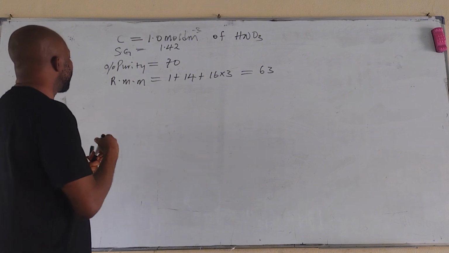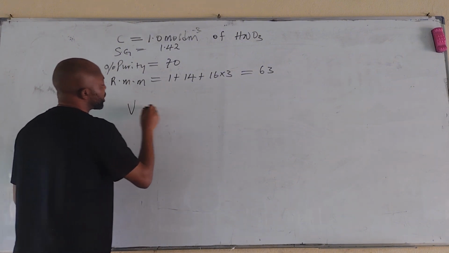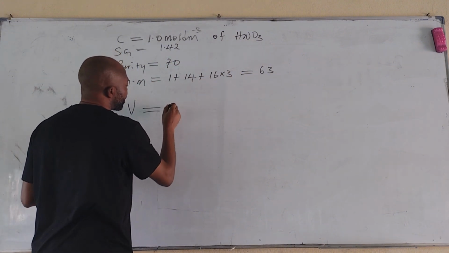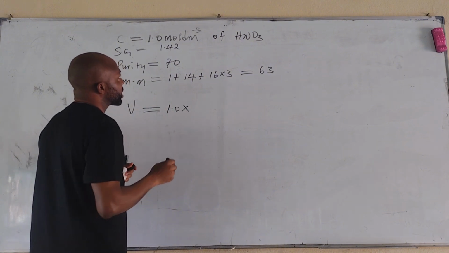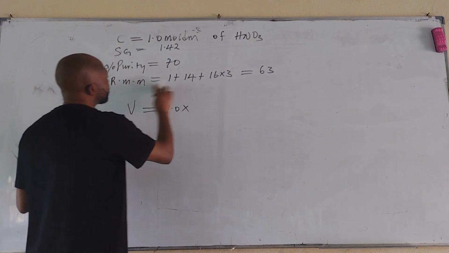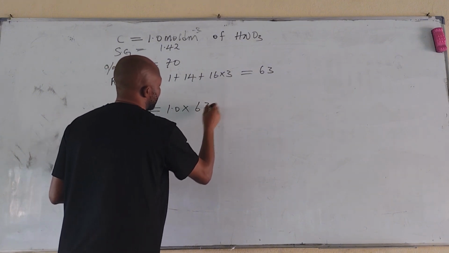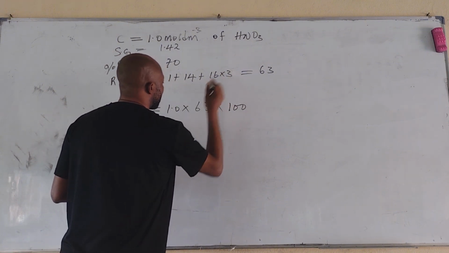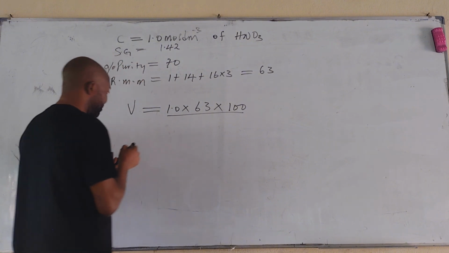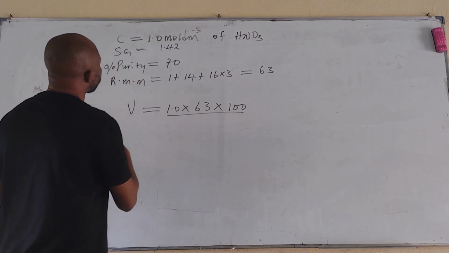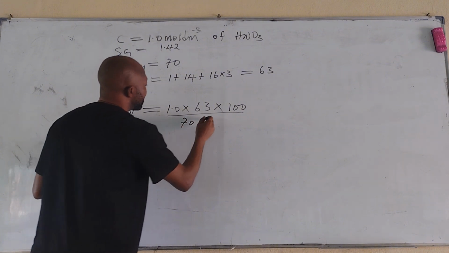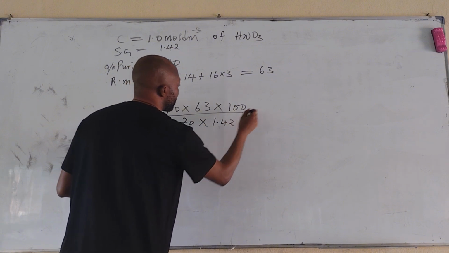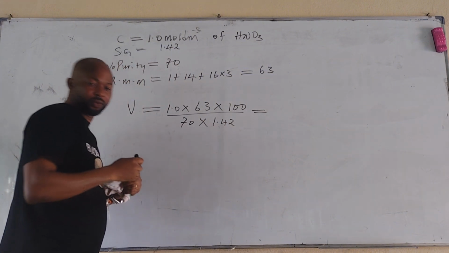Applying my formula, the volume concentration becomes the concentration of the acid, which is 1.0, times the relative molecular mass of the acid, which is 63, times 100, all over the percentage purity, 70, times the specific gravity, 1.42.